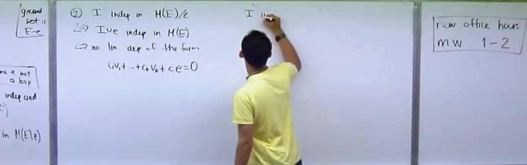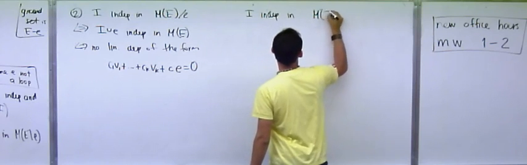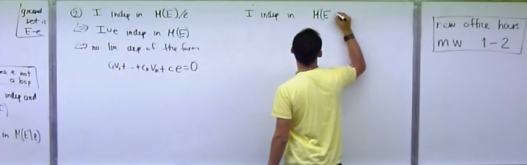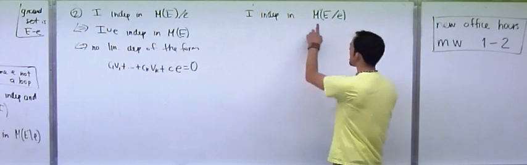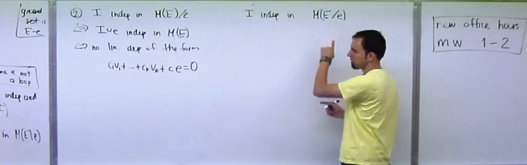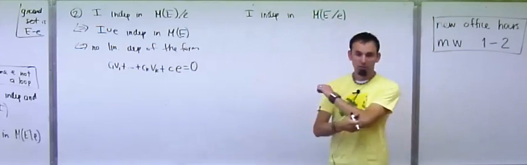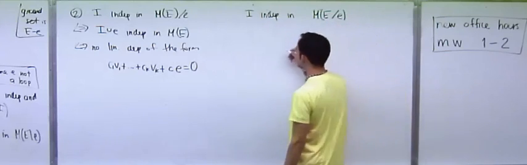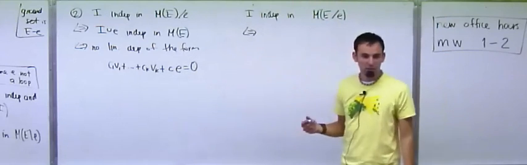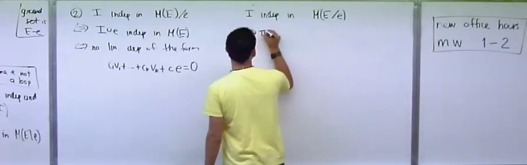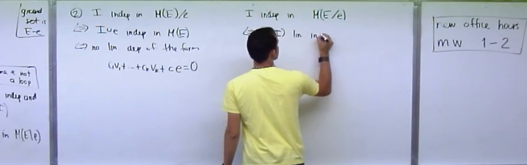What does it mean for a set to be independent in the matroid of the projected configuration? So this E/E is the projected configuration. So I is independent if and only if the projected vectors are linearly independent.